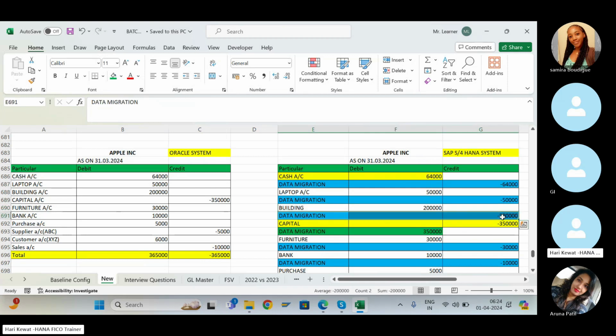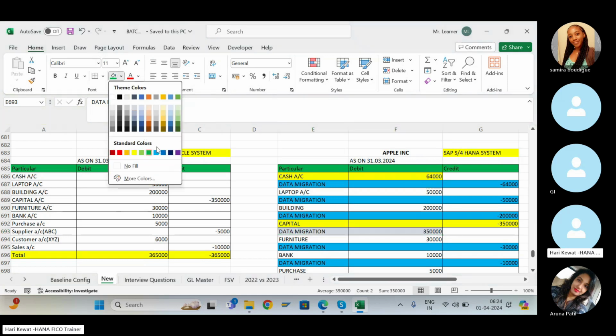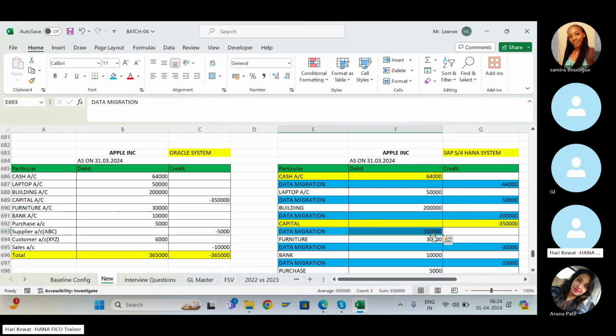Similarly, for the capital account, you have credit here, so capital you are putting in credit, but data migration you are putting into debit, because capital is in credit, so data migration has to go into debit.